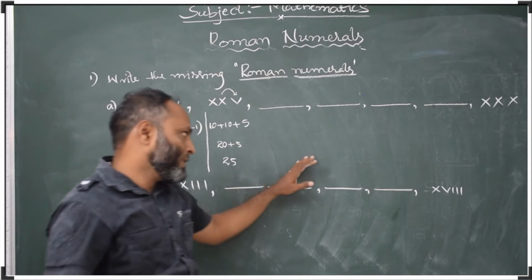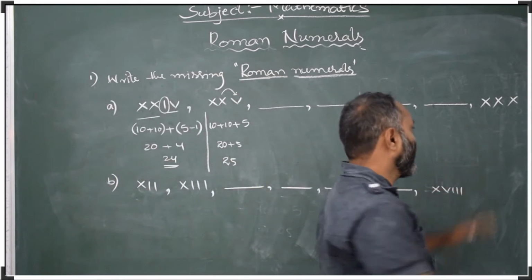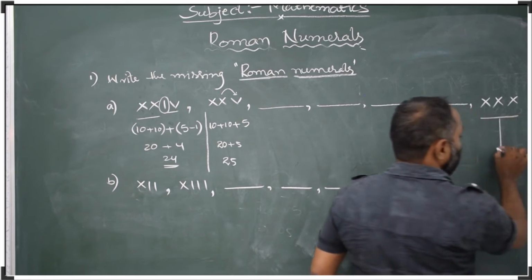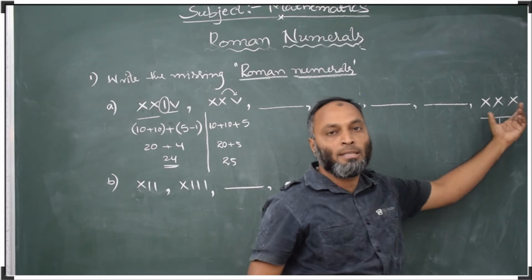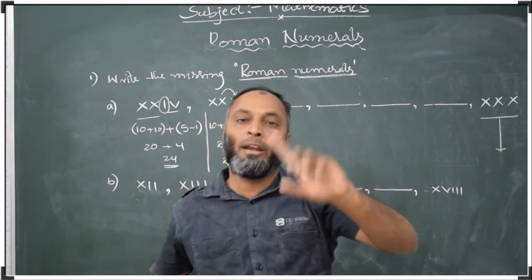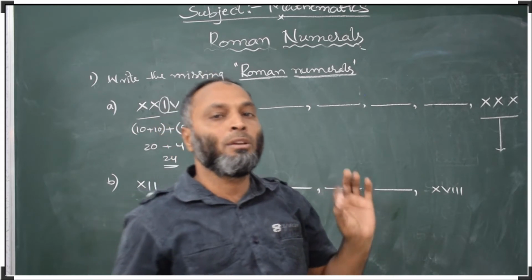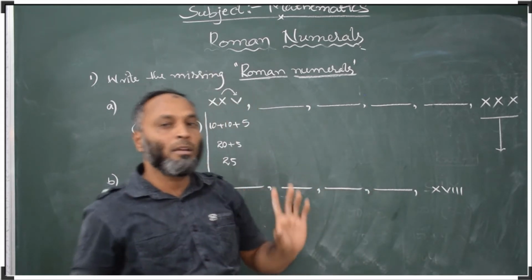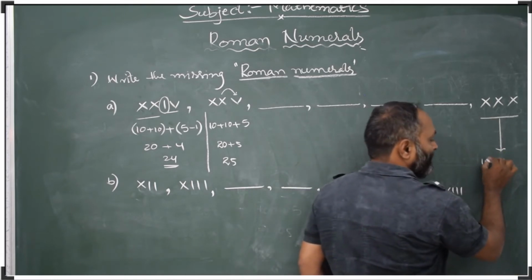Next we are going for 26, 27, 28, 29. Here the last one is repeated Roman numerals. Whenever repeated Roman numerals are there, we have to add according to our first rule. X means 10.